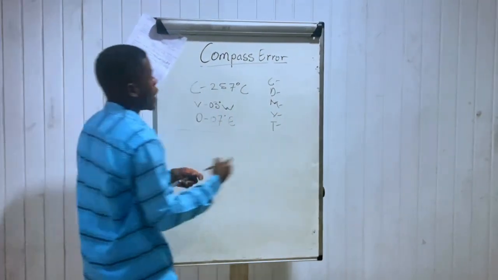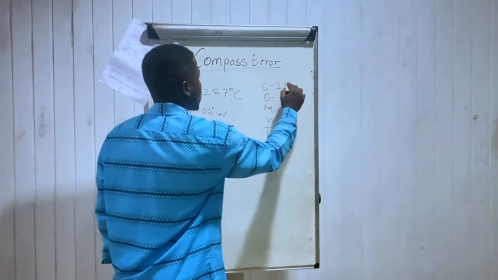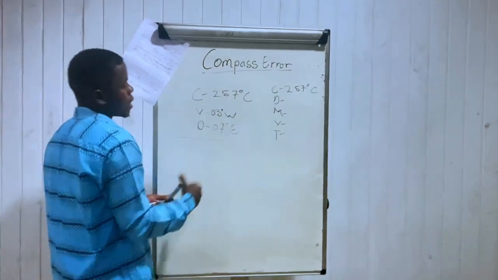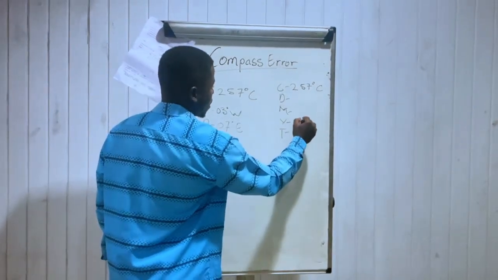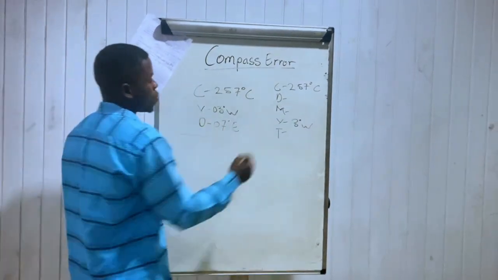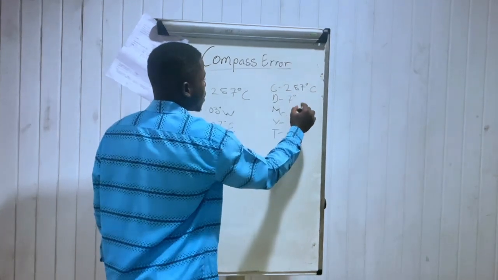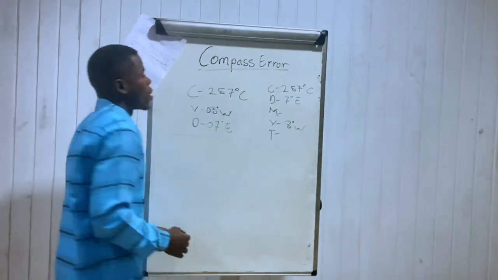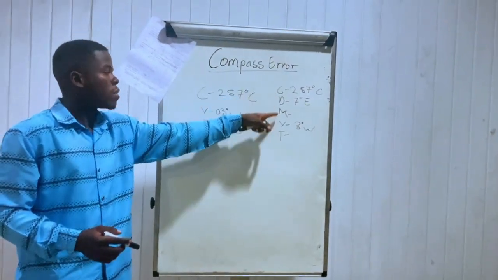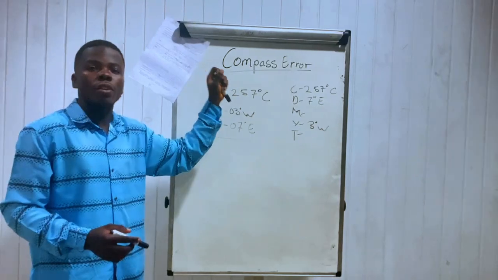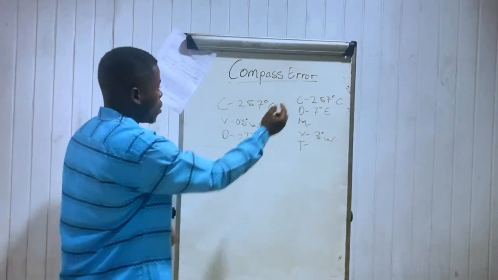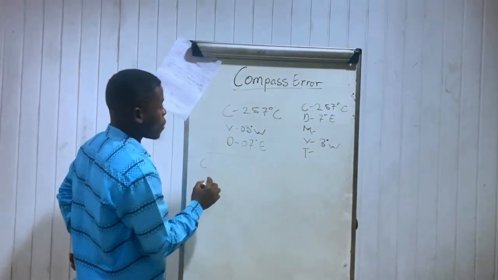Right now we are having our compass, and they have given us our variation to be 3 degrees west, and our deviation to be 7 degrees east. We already know that when we are moving from compass to true, our west is minus and our east is plus.